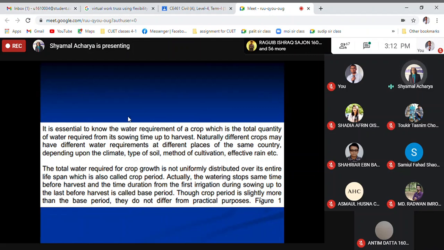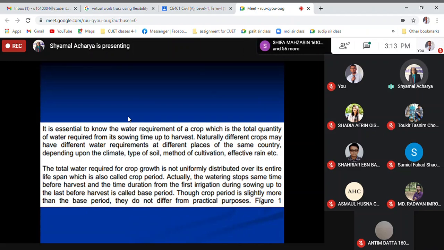Naturally, different crops may have different water requirements at different places of the same country, and it also depends on the region: climate, variations in the soil types, method of cultivation, effective rain, and so many.